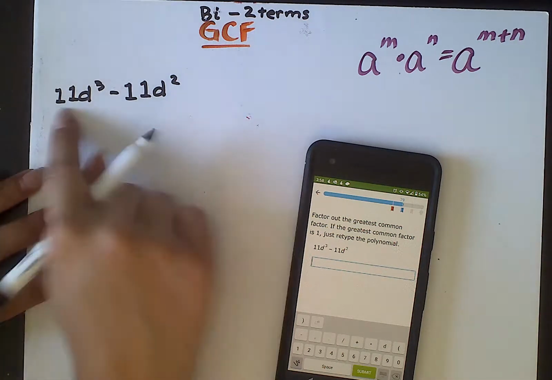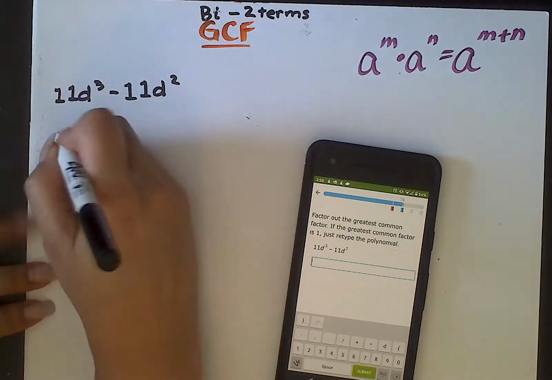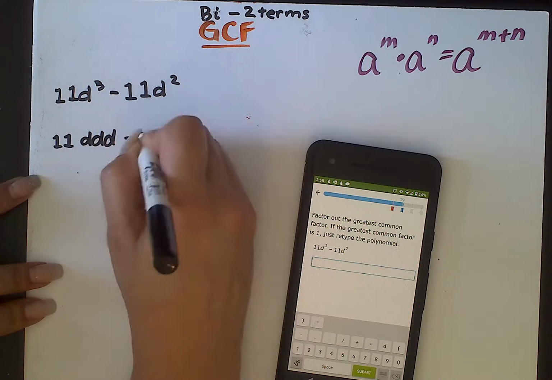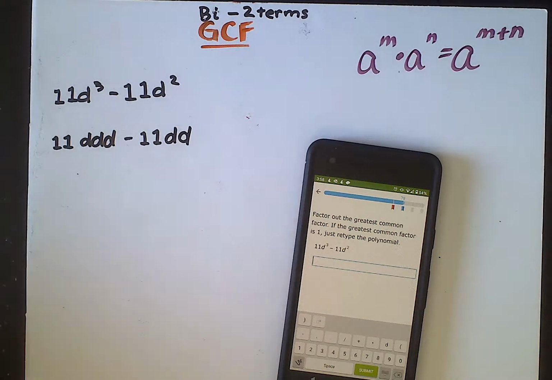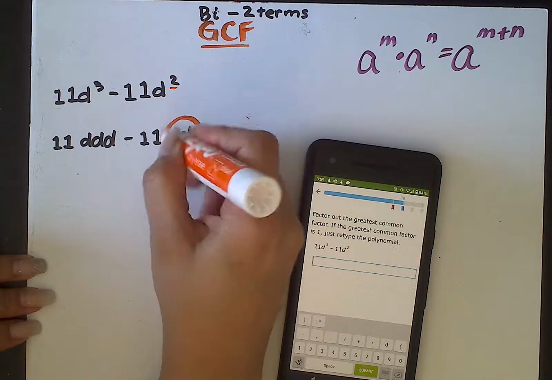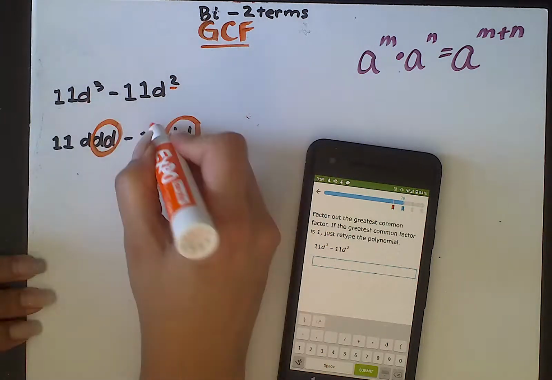So I noticed that they both have an 11 in common. So that's 11, and then 1, 2, 3, and then 11, which is also prime, 1, 2. Now what I want to look at are my exponents. I'm looking for the smallest one, because that means that d squared can go into both of them.